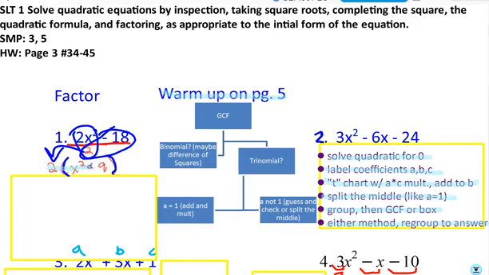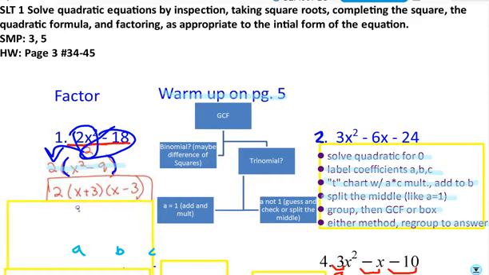So this is your first step in factoring. Now, when I look at x squared minus 9, I can see that there is a difference of perfect squares, meaning I can further factor x squared minus 9 into x plus 3, x minus 3, and again, don't forget to put the 2 on the outside.